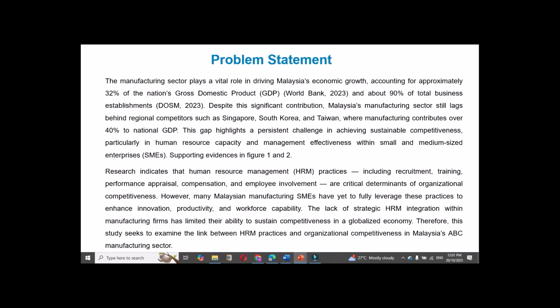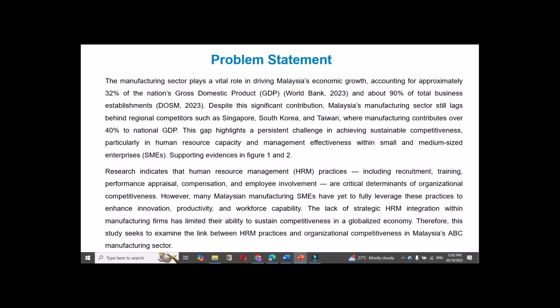Despite this significant contribution, Malaysia's manufacturing sector still lags behind regional competitors such as Singapore, South Korea, and Taiwan, where manufacturing contributes over 40% to national GDP.